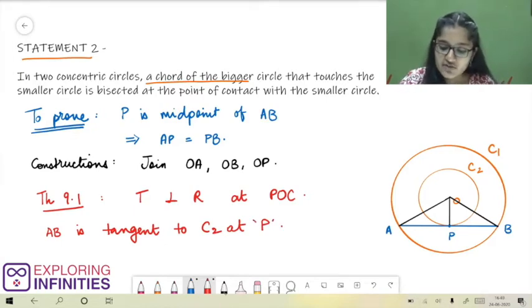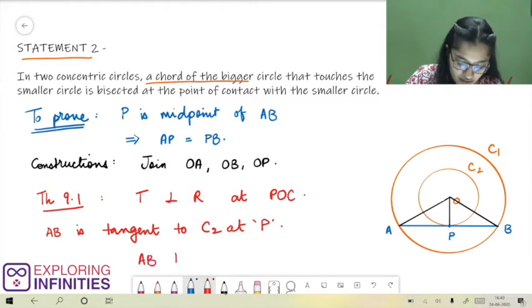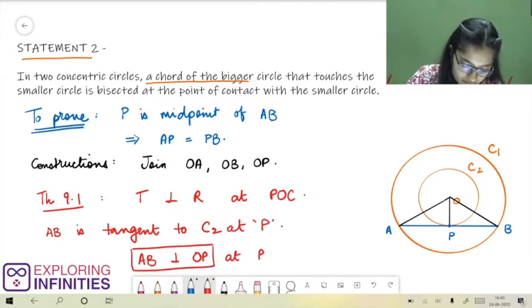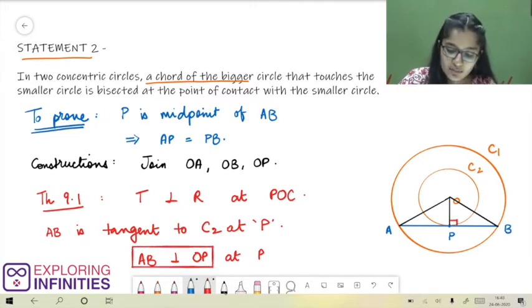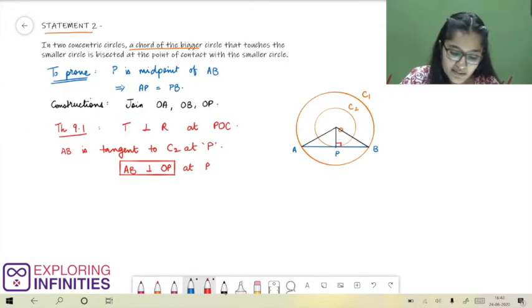We have a radius of circle C2 at point P, which is OP. So according to Theorem 9.1, we can say that tangent AB is perpendicular to radius OP at point P. Hence, we obtain angle OPB and OPA to be 90 degrees. Now we can observe in our figure that two triangles have been formed.